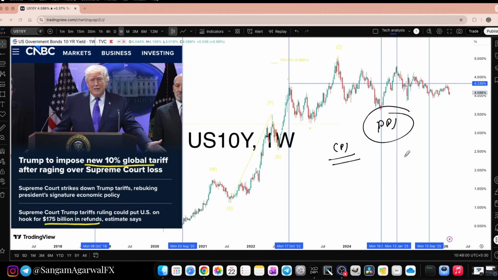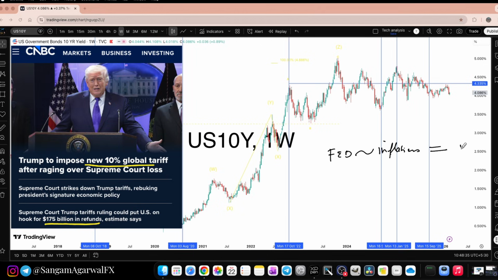The US court made Trump's tariff illegal. When we have falling CPI and PPI with tariff, and when we remove tariff from this inflation, then anyone can say inflation is almost near 0%. And when we see the difference between the Fed rate and the inflation rate, that is your real interest rate, which is very high right now.